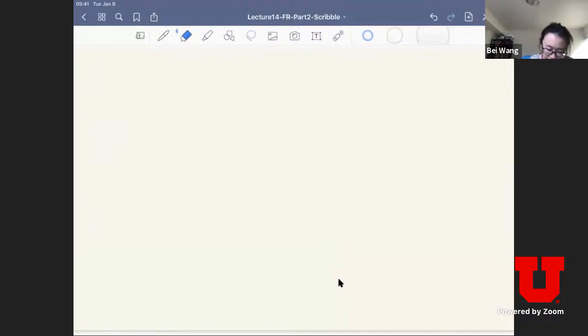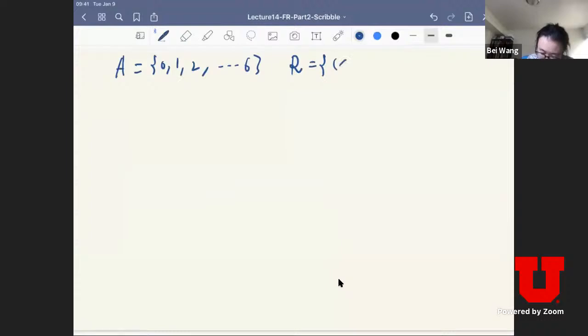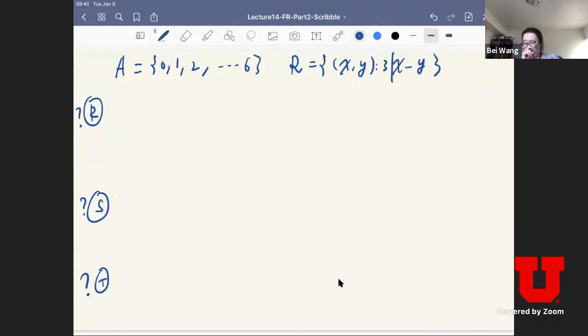Just write it right here. My set A is 0, 1, 2, up to 6, containing 7 elements. And the relation R is the set of (x, y) such that x minus y is divisible by 3. We need to check, is this relation reflexive, symmetric, or transitive?